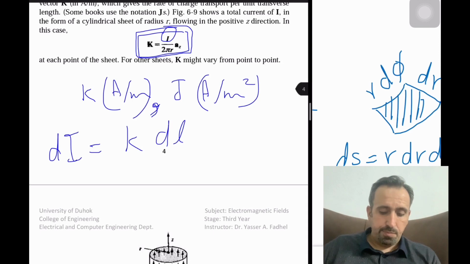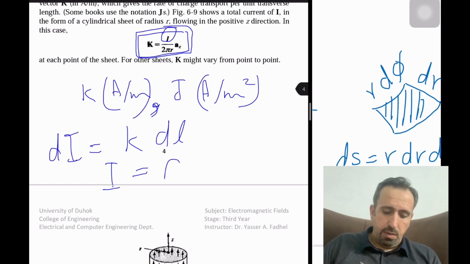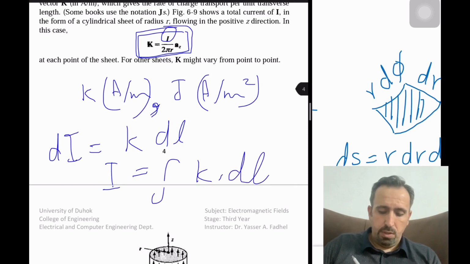If you have differential length, you will get differential current from it. And if you specifically want to find current itself, you have to take the integration of K dot dl.